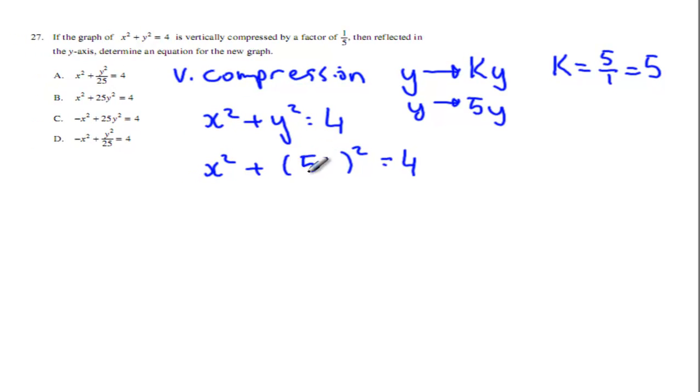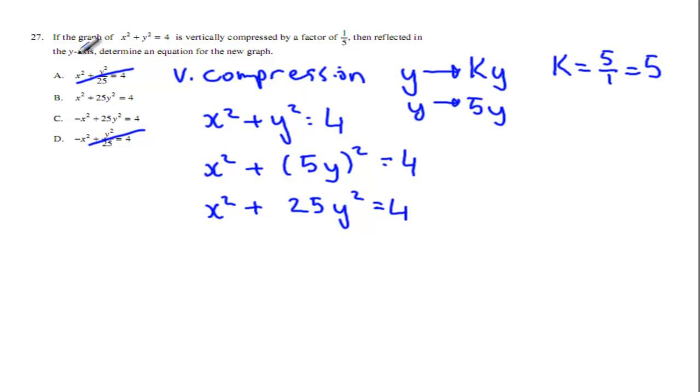So there we've got our 5y. And we can simplify that if we like: x squared plus 25y squared equals 4. And since this is a multiple choice exam, we're already getting rid of that one and that one in our heads.